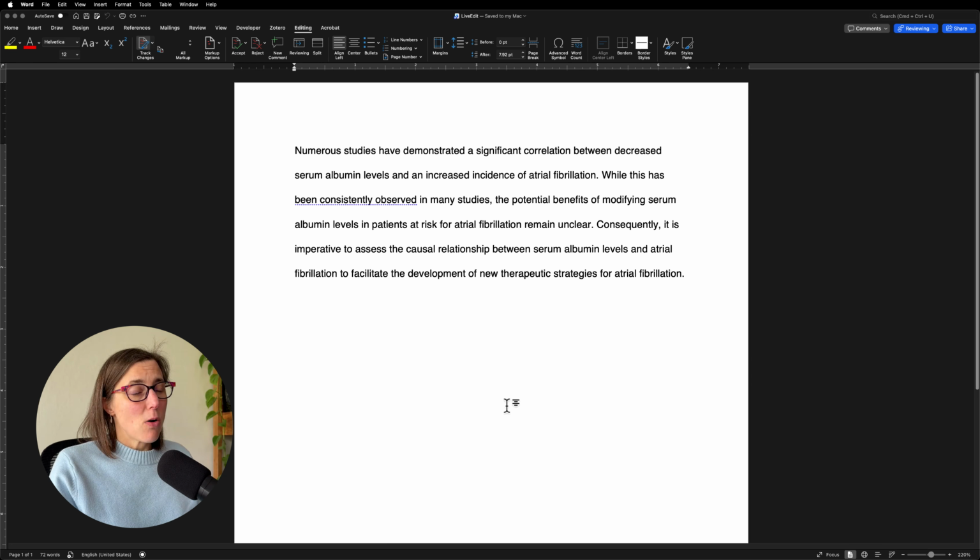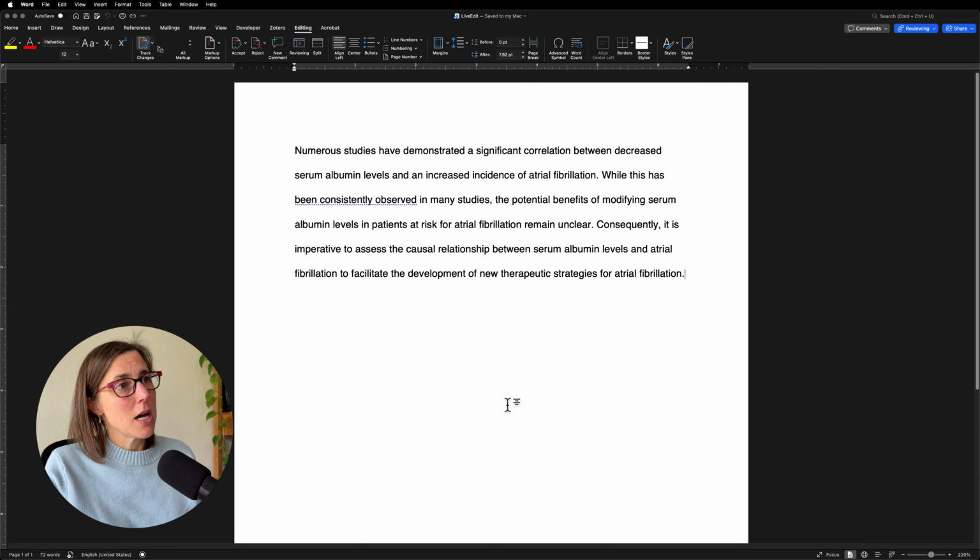Okay, so I'm going to walk through how I would revise this sample text. And some of the things that I will change are similar or even the same as the changes that were suggested by EditGPT. And some of them will be different and very different in some cases.